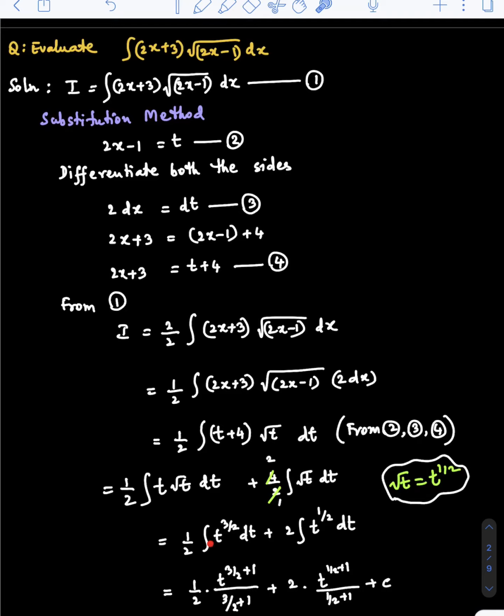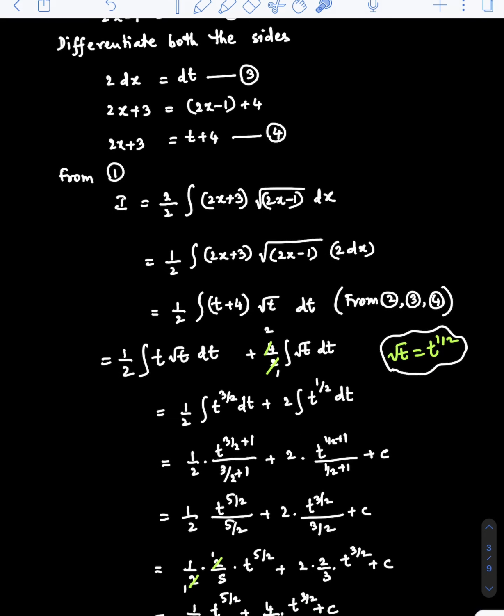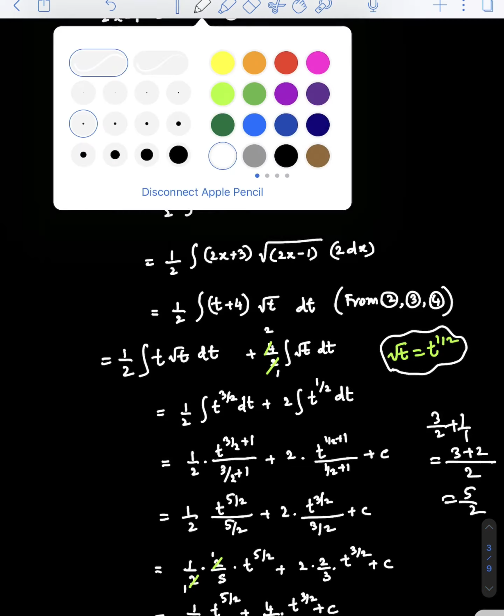Already I have to explain you. In the next step the formula is applied so that we are getting this step. And in the next step it will become half into t power 5 by 2 by 5 by 2. When you take LCM, 3 by 2 plus 1, with 1 as 1 by 1, LCM is 2. 3 plus 2, that is 5 by 2.